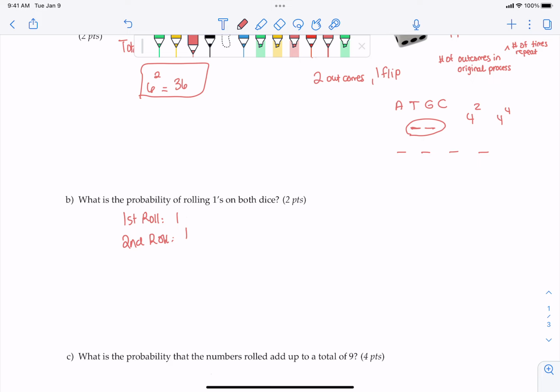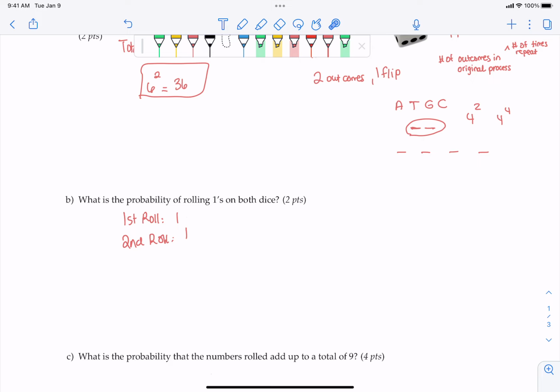Yeah, exactly. So it doesn't have any memory of any past processes, right? So rolling the dice a second time, the results that you get are completely independent of the first roll. Just because I rolled a 1 on the first roll doesn't mean I'm more likely now to roll a 1 on the second roll, or less likely or whatever.